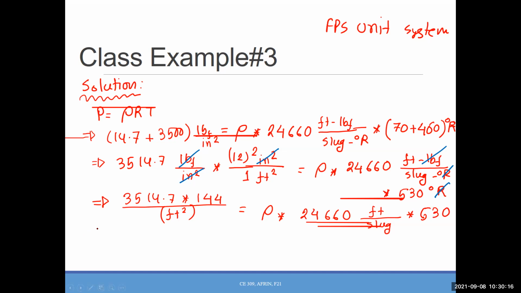Now, what is the only unknown here in this question? The density. Is there any way we can rearrange the equation such a way that density should be on one side and everything else should be on the other side? Okay, let's do that. Do that on your copy. I will wait 1 minute and then I'll write it down so that you can match. So keep the density on one side, maybe on the left side, and move everything to the right side. Okay? Can you do that? Try to do that. If not, I will write that down within a minute.